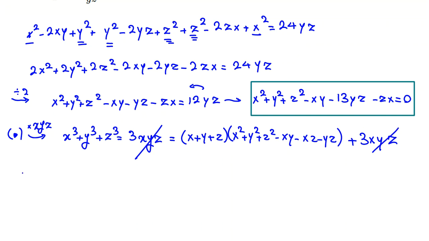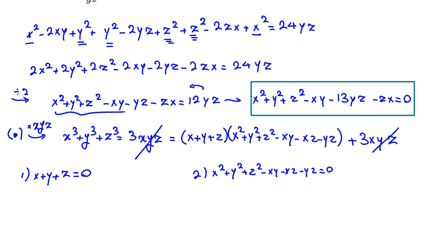So the first one is 0, or the second one. Let's do case work. Case work is so useful. x plus y plus z equals 0, or x squared plus y squared plus z squared minus xy minus xz minus yz equals 0. Let's consider this one double star.